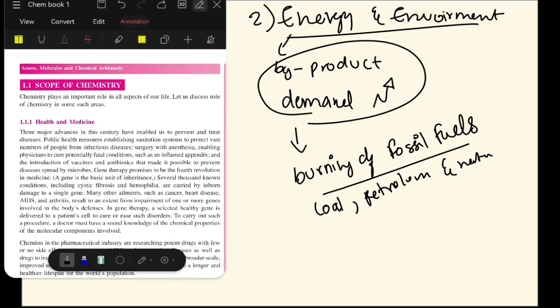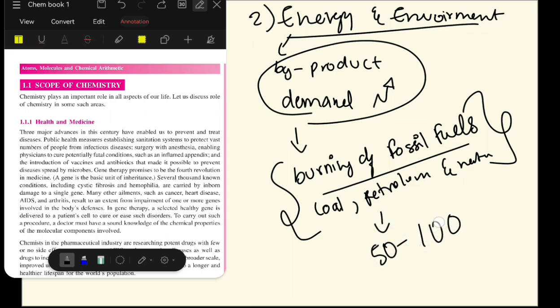Now, one important thing is that these reserves are ending. They're not there forever. It is estimated that in 50 to 100 years, at the current rate of consumption, these fossil fuels will finish.